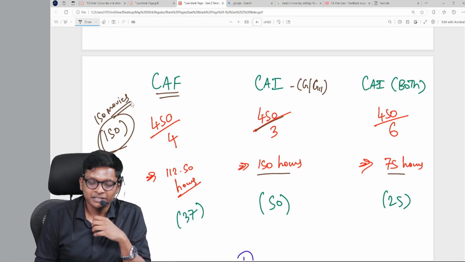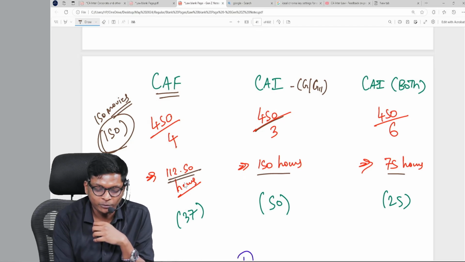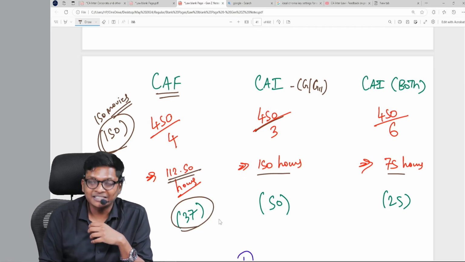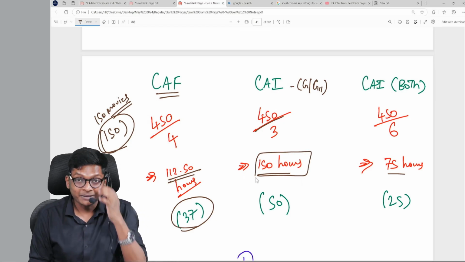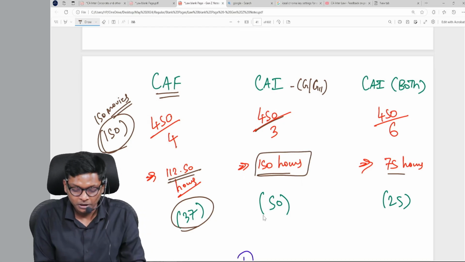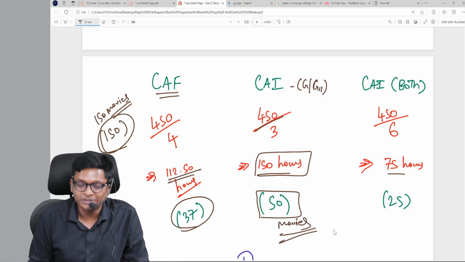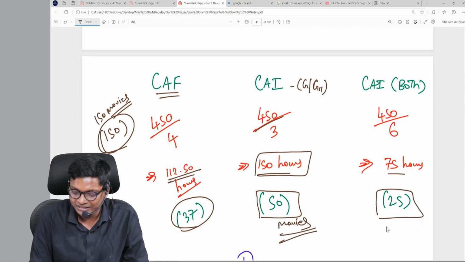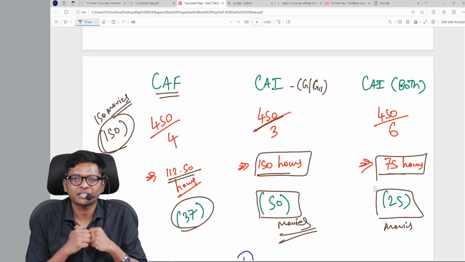That means for Foundation, per subject you have 112 hours approximately, so you can watch 37 movies per subject. Inter, 150 hours per subject: if you're writing only one group, you can watch 50 movies. And both groups means you can watch 25 movies because you have 75 hours per subject.